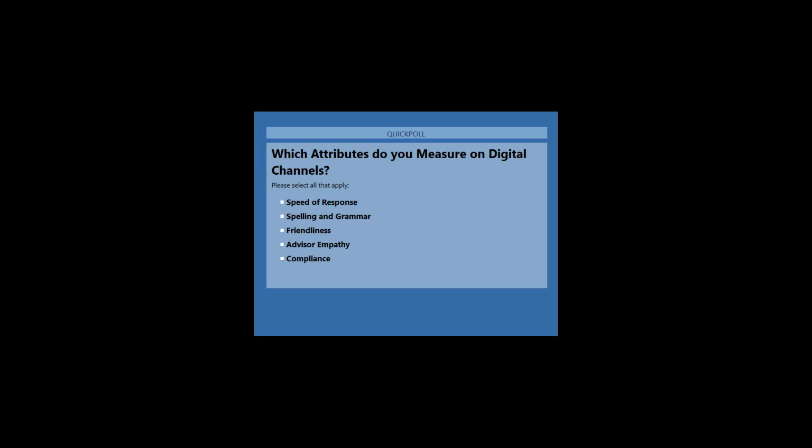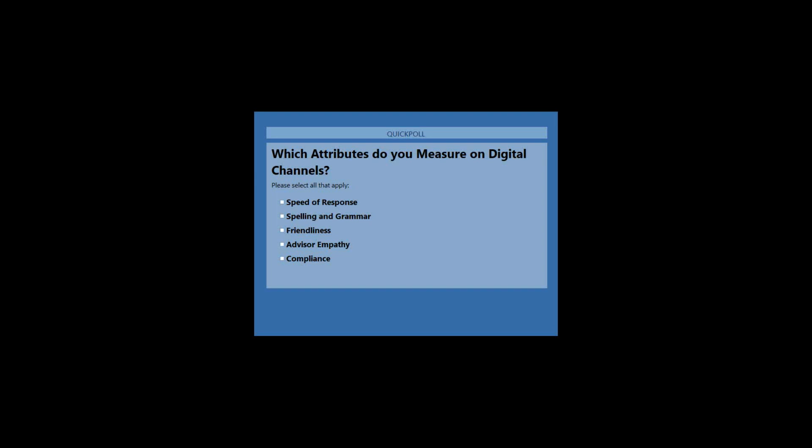Neil, which ones do you think will likely come out high on this one? I definitely think, well, sadly, I think that compliance will be up there, and speed of response. I'd like to see advisor empathy and friendliness being up there as well. But I think speed of response and compliance, yeah.